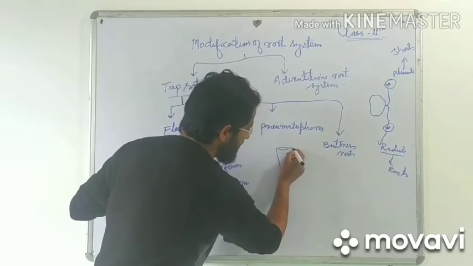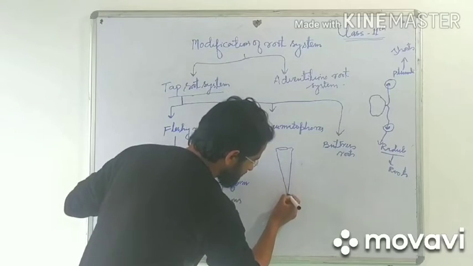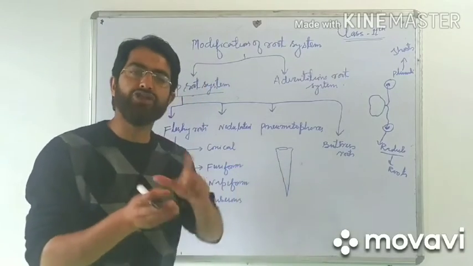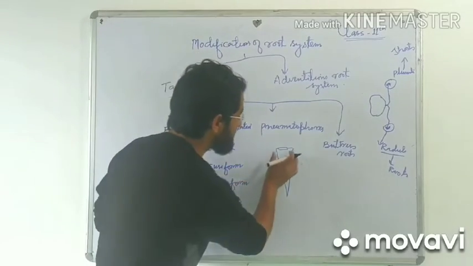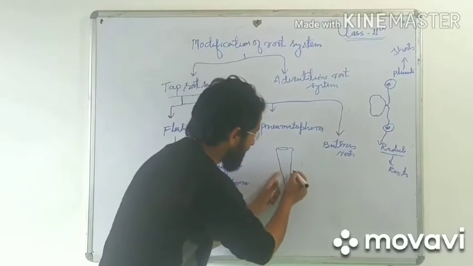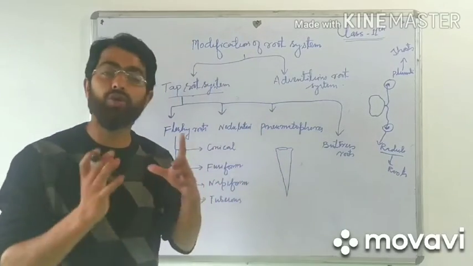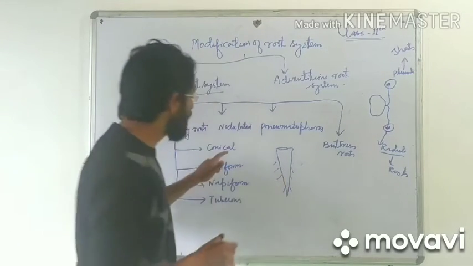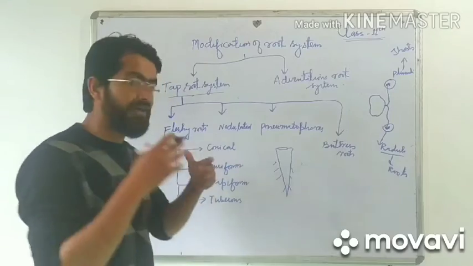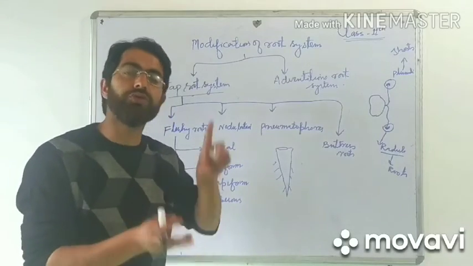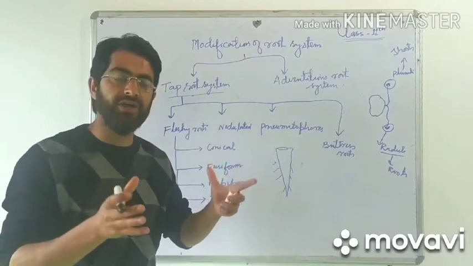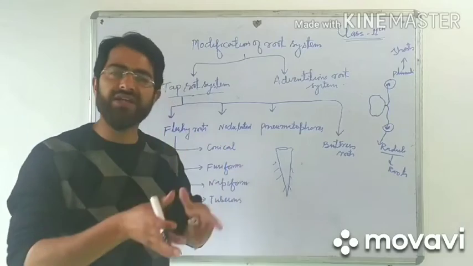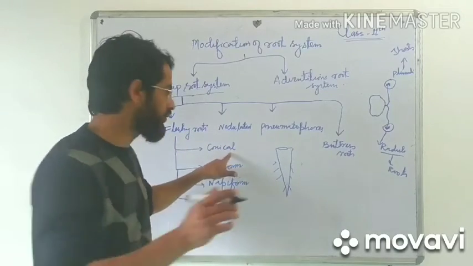When the main root gets modified, stores food, bulges out from the base and narrowly tapers towards the apex, forming a cone-like structure, we call it conical roots.